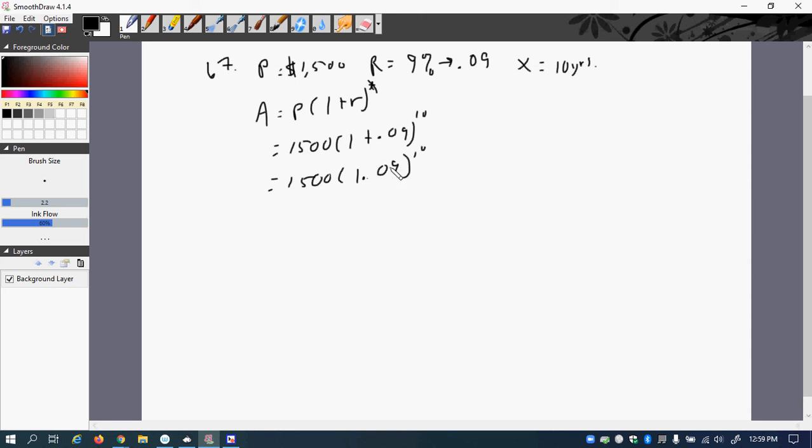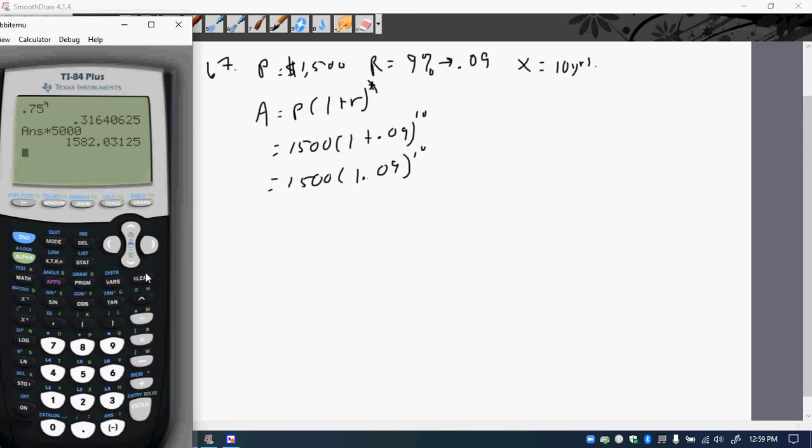Now we'll do the exponent, so let's do that on the calculator. It's 1.09 to the 10th power, and then we multiply that by $1,500.